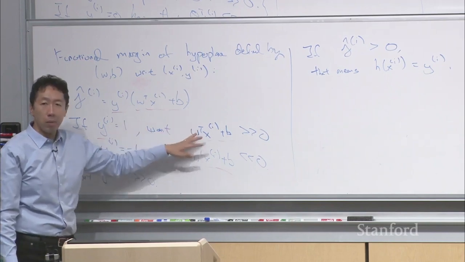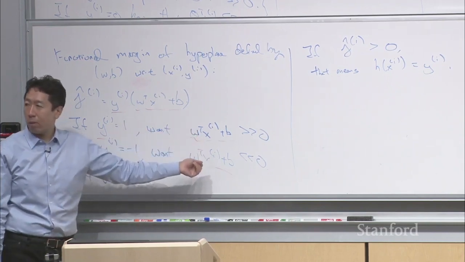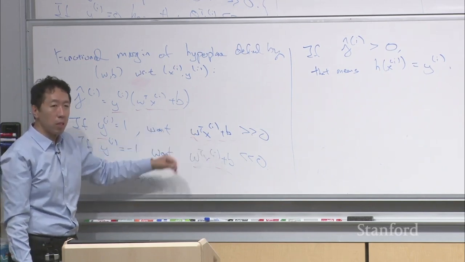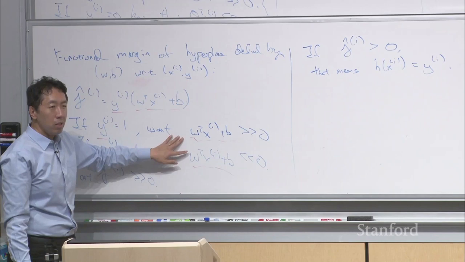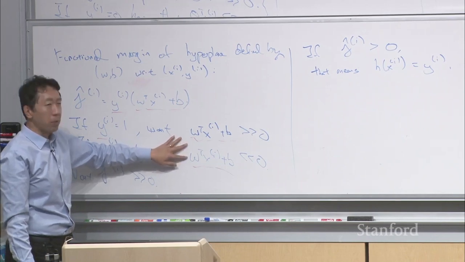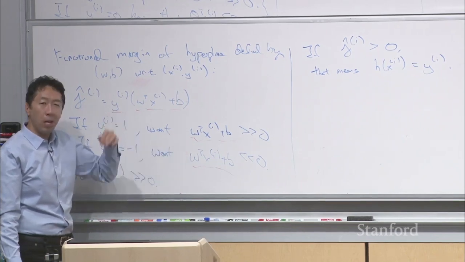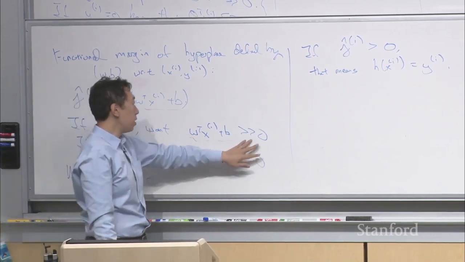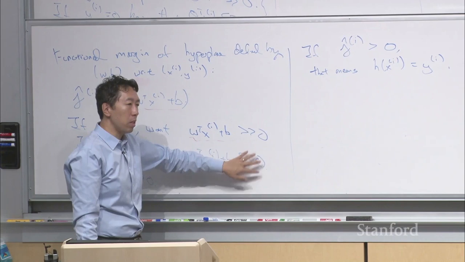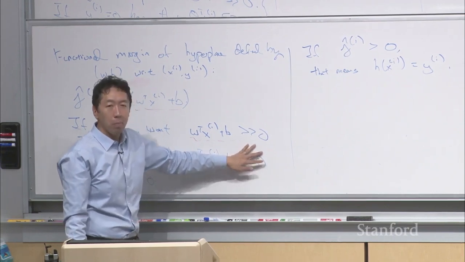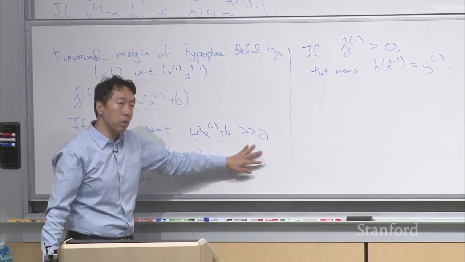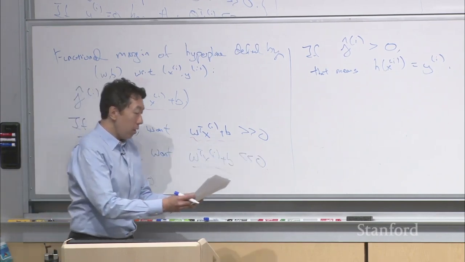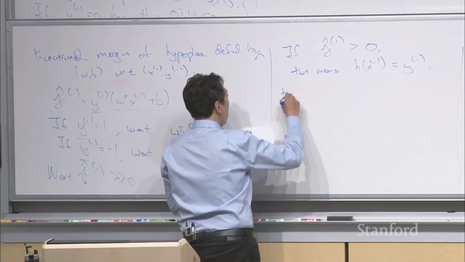And it means that the algorithm gets this one example correct at least, right? And if it's greater than 0, it means in the logistic regression case that the prediction is at least a little bit above 0.5 or a little bit below 0.5 probability, so that at least gets it right. And if it's much greater than 0 or much less than 0, then that means the probability output in the logistic regression case is very close to 1 or very close to 0. So, one other definition.